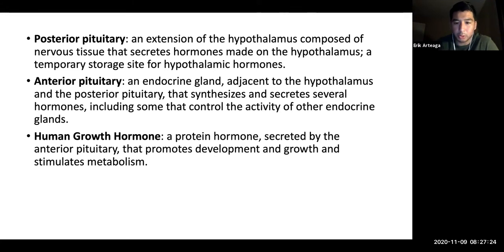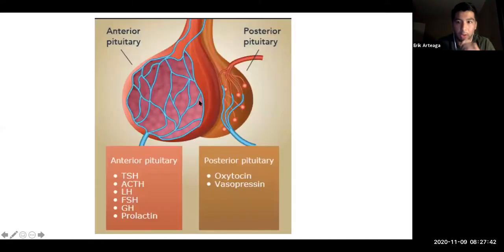This is a protein hormone secreted by the anterior pituitary that promotes development and growth and stimulates metabolism, okay? So the human growth hormone can, again, help the individual grow when exposed at early ages, but you can also have various different disorders associated with either too much or too little growth hormone, which we'll see in a minute in the next slide, okay?